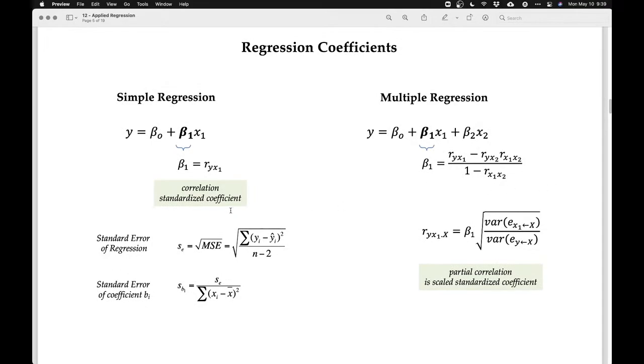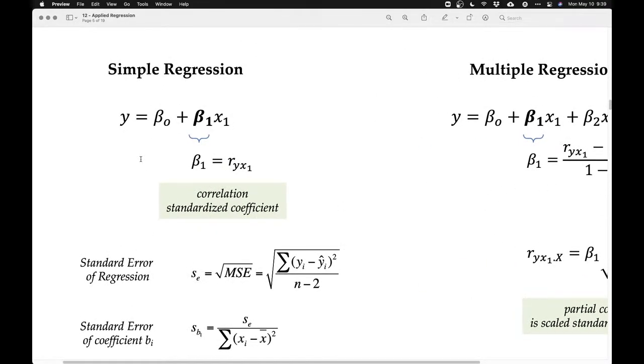Now, the other thing I want to mention is that this estimate of the slope that we get is just one estimate from your data sample.